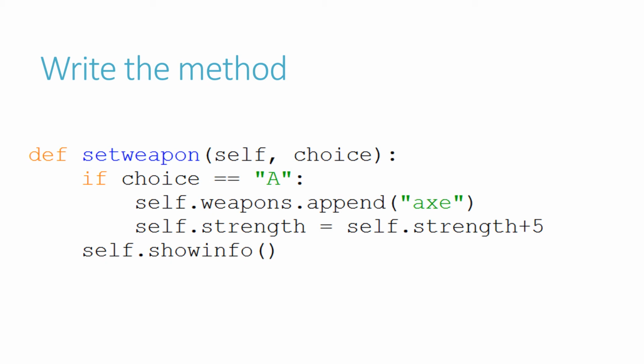They've got a weapon and their strength has increased. So if you haven't made that, you can copy this. Obviously it also needs to be extended to add other choices, a choice for sword and a choice for bow. So you have a little think about how you would make that happen and create the method now.